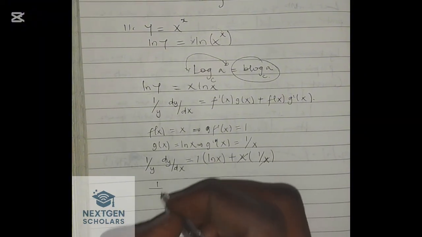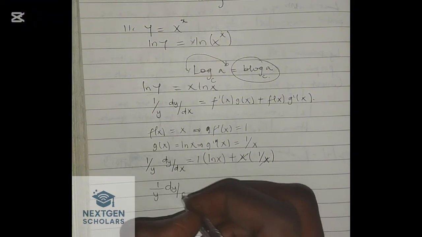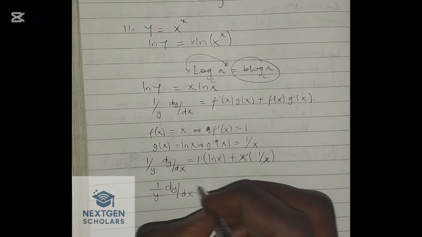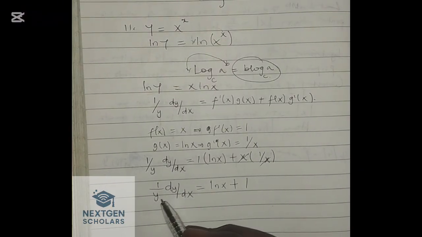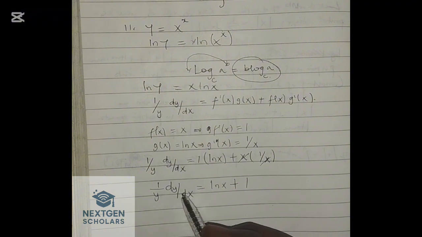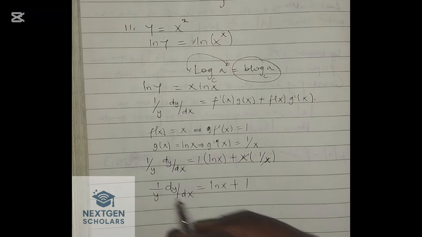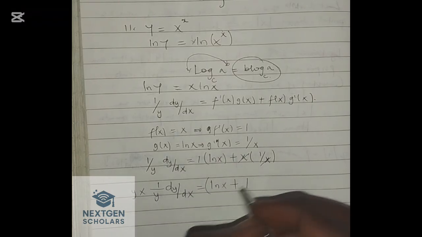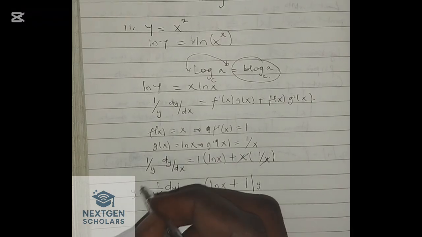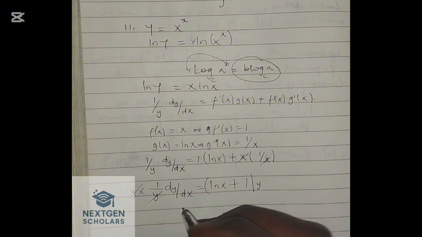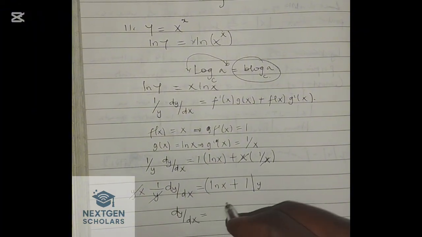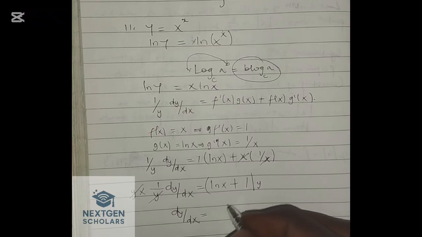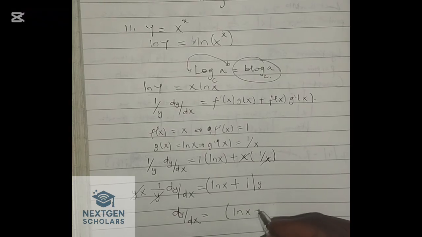So we have 1 over y dy/dx equals ln x plus 1. What we need is dy/dx, so we multiply both sides by y. The y cancels out, and finally dy/dx equals y times ln x plus 1.